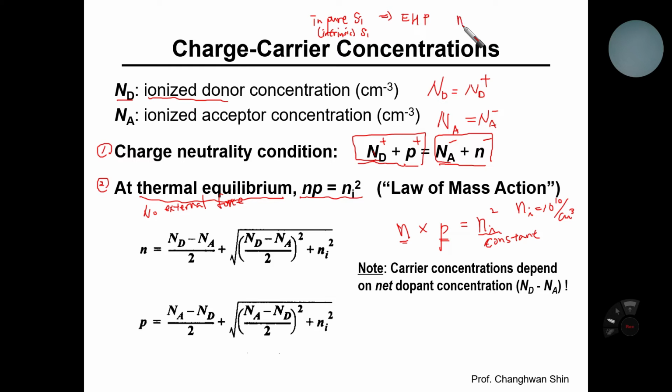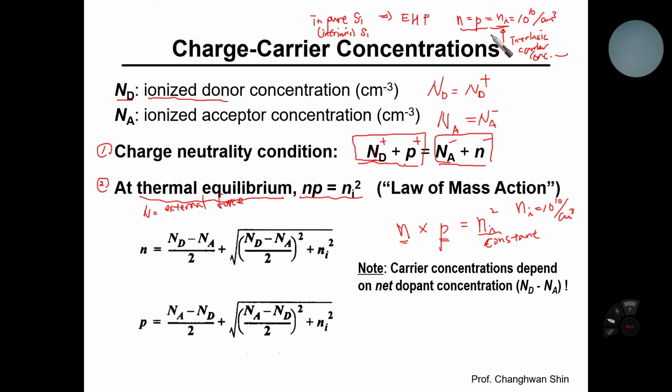So the electron concentration is equal to the hole concentration, and those two numbers are identical to n sub i. Here n sub i indicates the intrinsic carrier concentration. The real number of n sub i is 10 to the 10 per cubic centimeter.